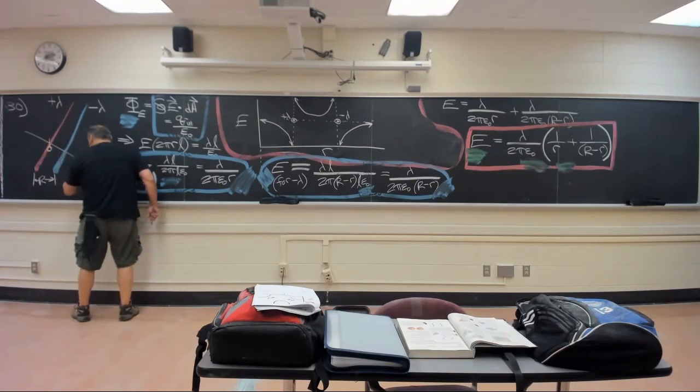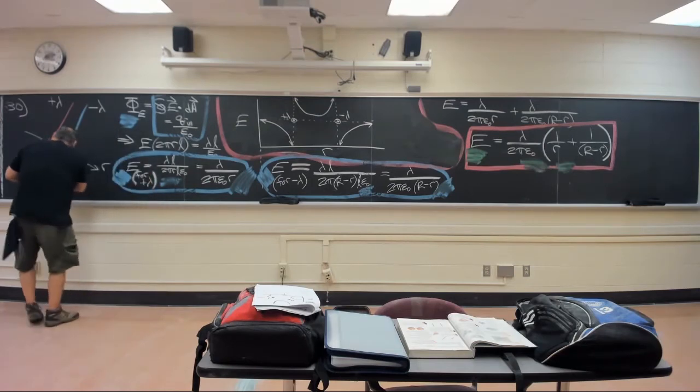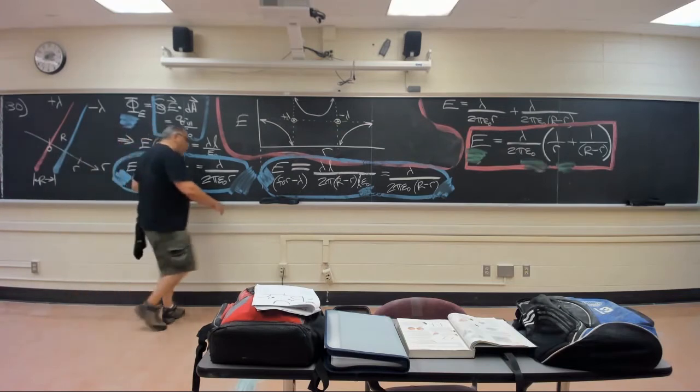From here to here is a length r. But I want to know the relation to this. This is big R apart right here. I know I drew it like this, but maybe it'd be better if I went sideways and drew it.